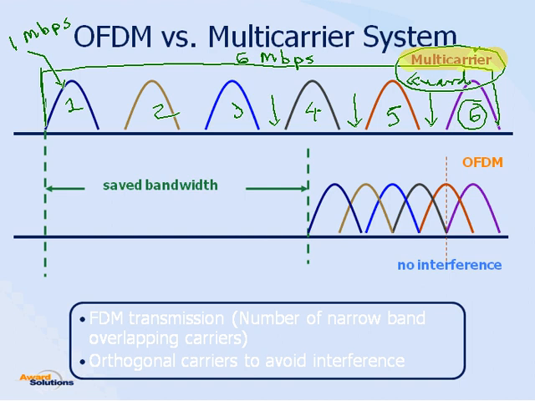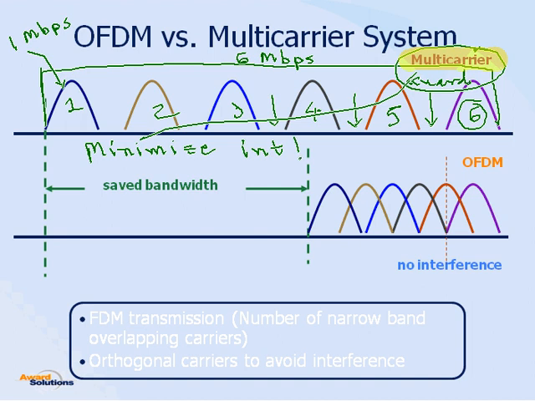Why do we have a guard between 2 carriers? Any benefit? Interference, correct. Very good. Thank you very much. So the main idea behind this guard is we want to minimize interference between adjacent channels. That is the idea.